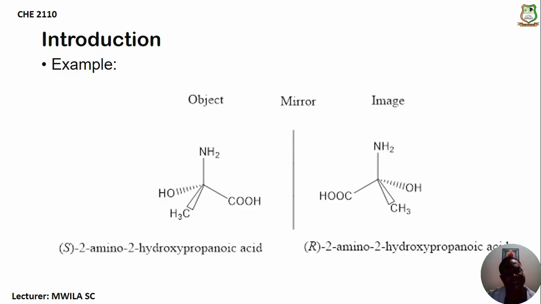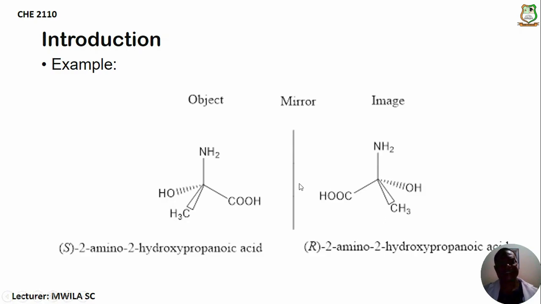Even the names will change. This one is assigned S, that one is assigned R. We shall get to know what these assignments of S and R mean as we progress. So all these are facets of stereochemistry.